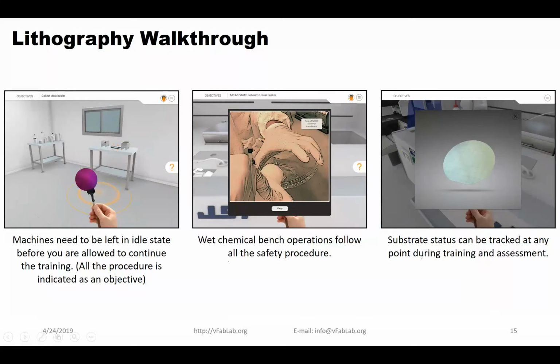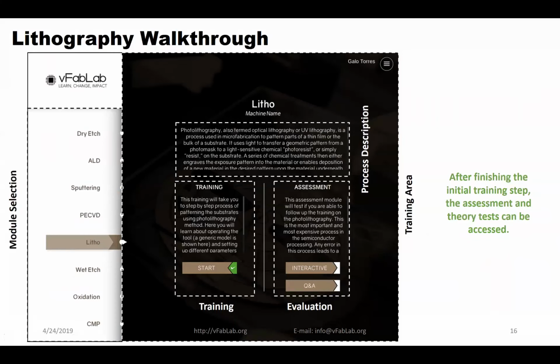The substrate status can also be tracked at any point during the assessment, as if you are looking through the small window of a plasma equipment. When you are done with this initial training step, the assessment and theory tests can be accessed.